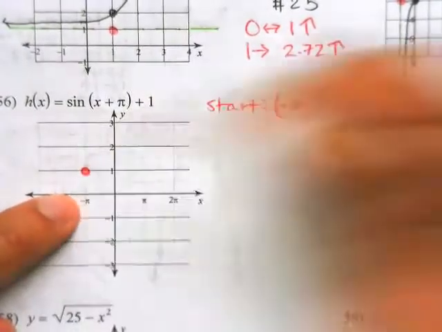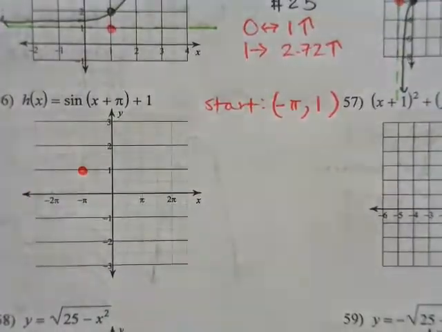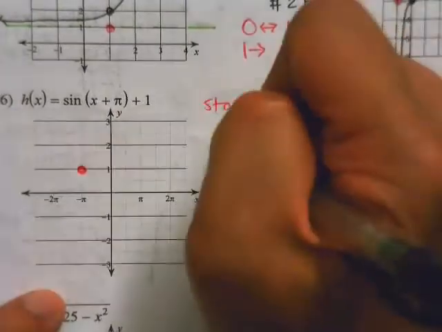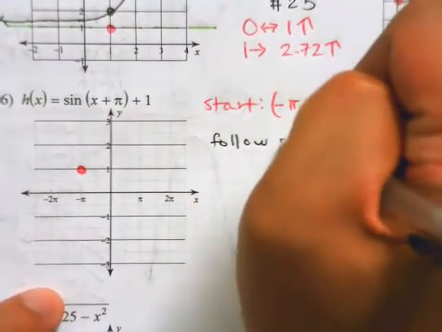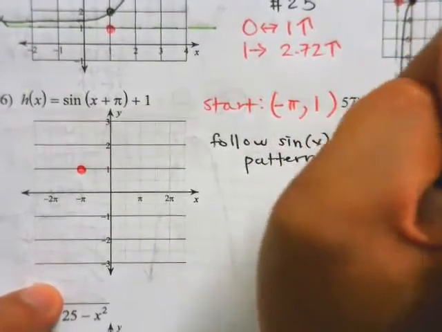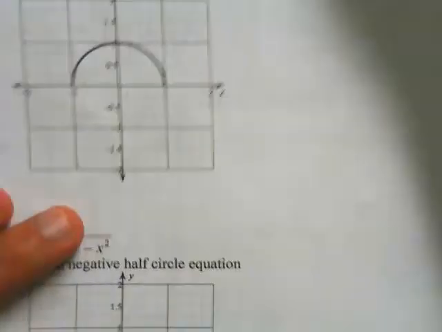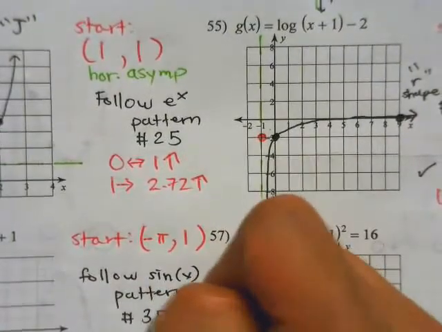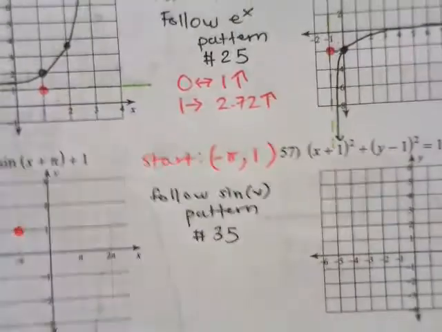So let's start over there, -pi, 1. Okay. And then we're going to follow our sine of x pattern. Sorry, I don't particularly know the number for this one. Number 35. Okay.